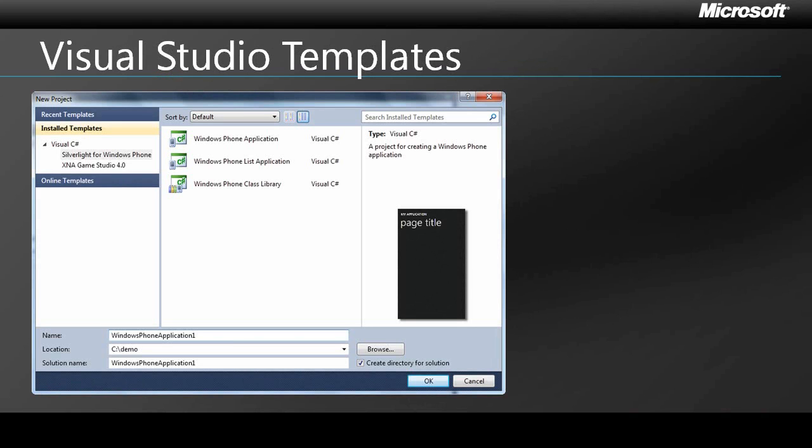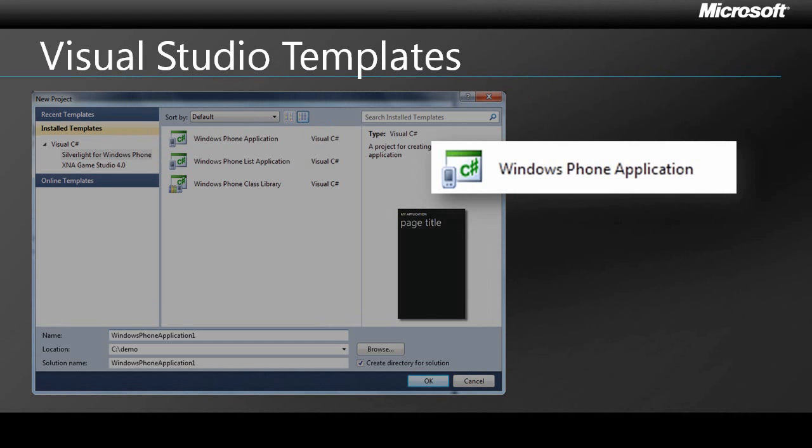After you install the Windows Phone developer tools, you'll find that Visual Studio 2010 Express for Windows Phone ships with 3 Silverlight templates for developing phone applications. The Windows Phone application is your basic starting point. Choosing this gives you a single page with no controls other than a text block to display the application's title.